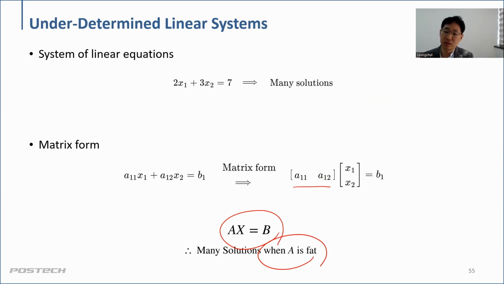If you look at the A matrix from far away, you can say the shape of A is flat instead of square. So whenever you have a flat matrix, that means it's underdetermined, and there are many solutions instead of having one exact solution.